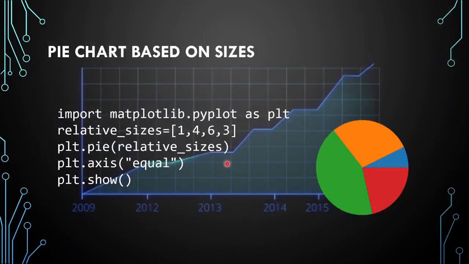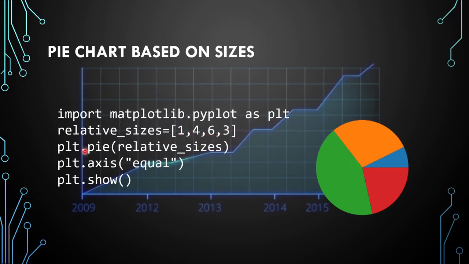So the first thing you need to do is import matplotlib.pyplot as plt, and you can create a list of relative sizes. You can name it some other stuff also, but suppose I want four classes only, 1, 4, 6, 3.